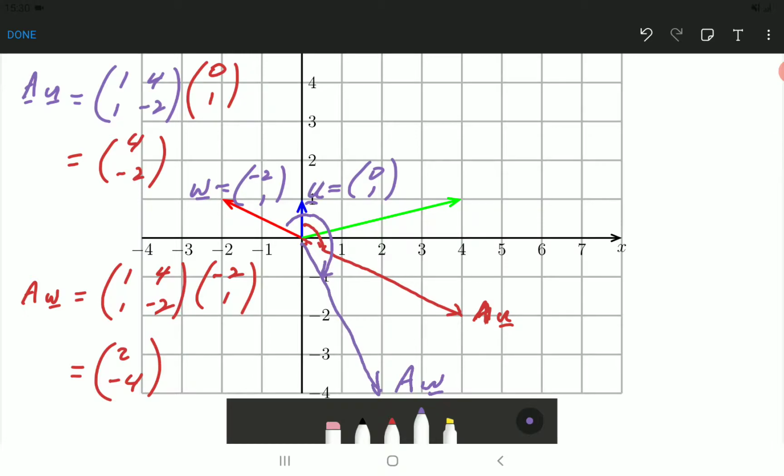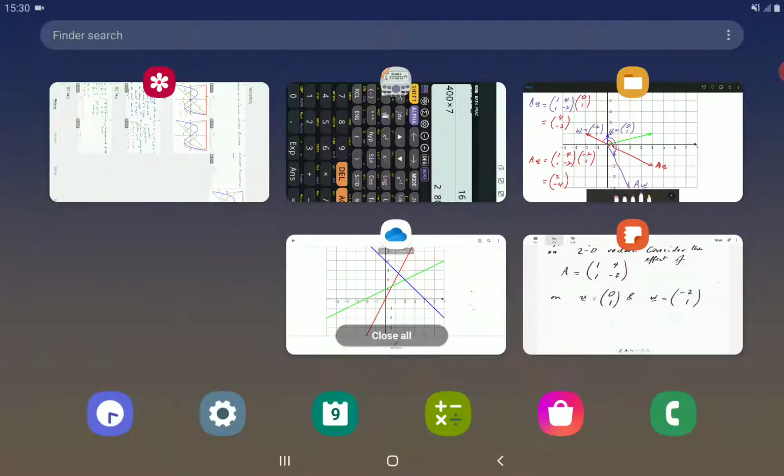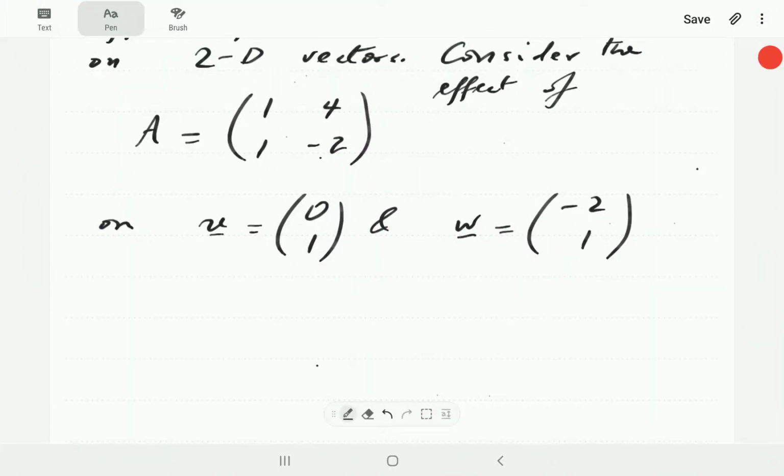Okay, so we see that when A acts on u and when A acts on w, the image in both cases has a different magnitude and a different direction. Okay, so let's go back to our page.